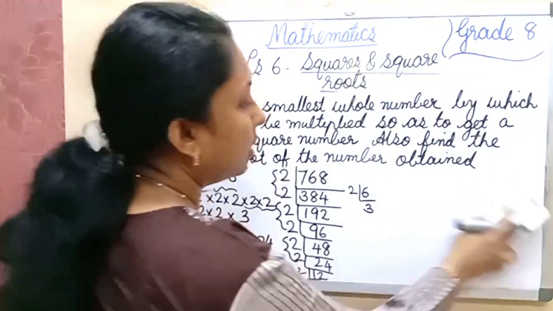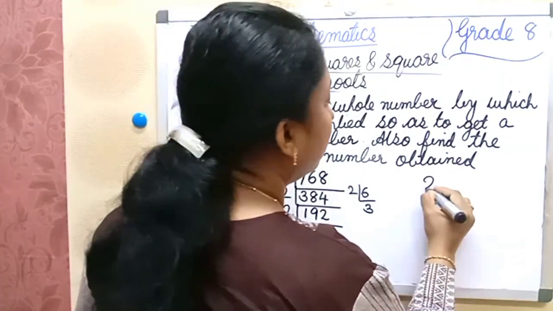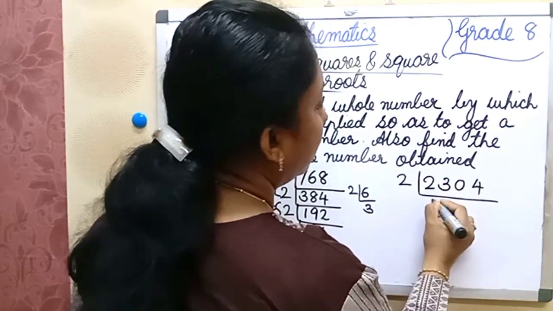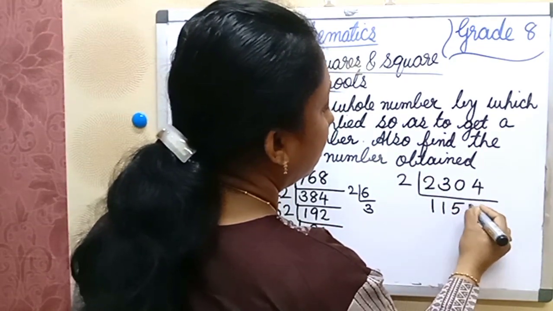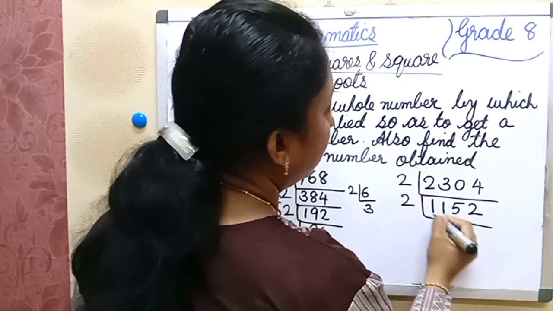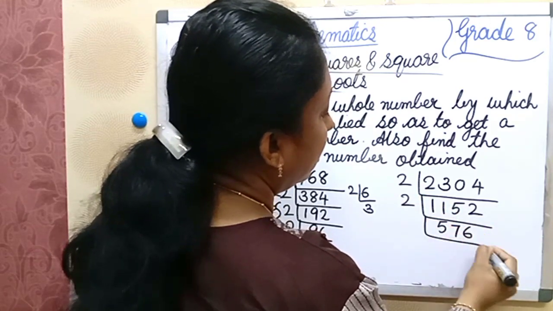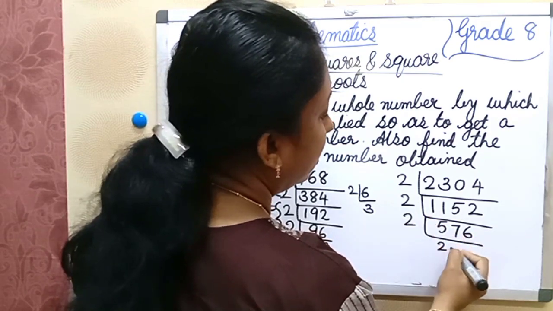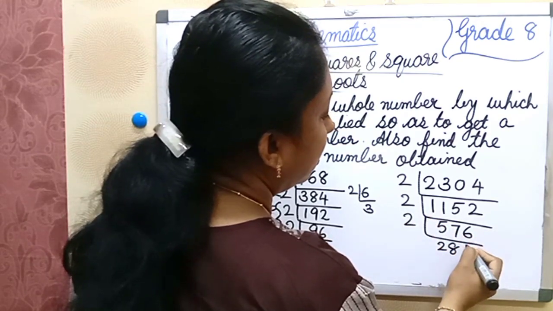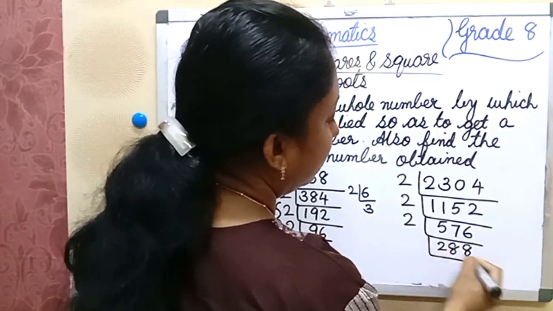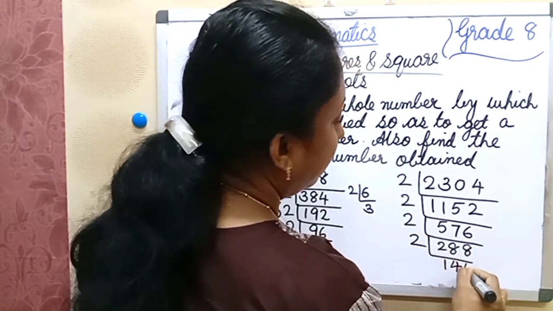Now we can check the square root of 2304. Dividing by 2, 2, then again 2, then 144.